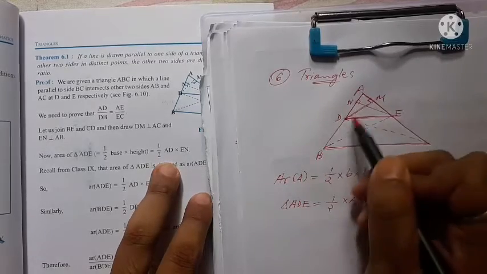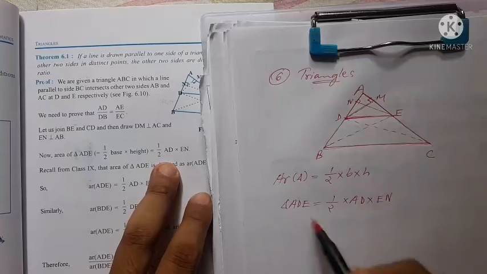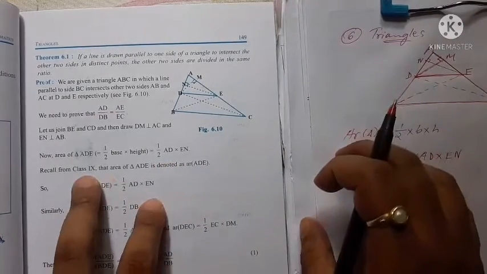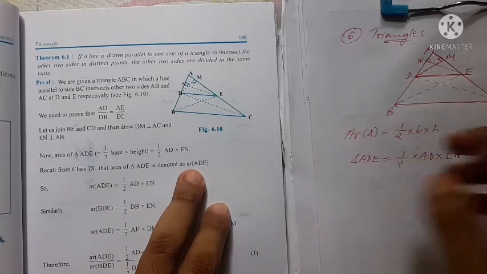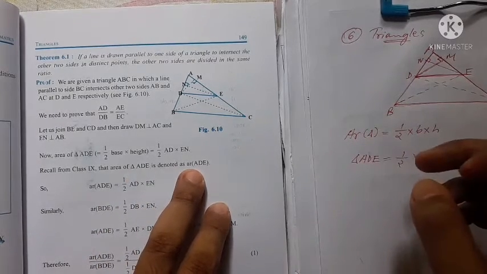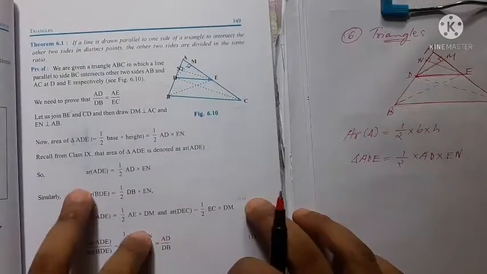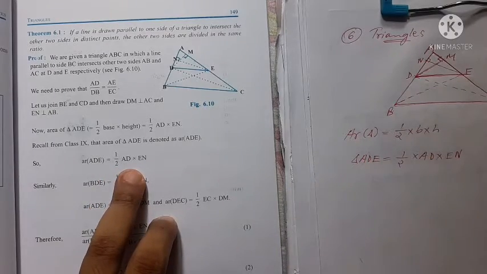Recall from class 9 that the area of ADE is written in short form as ar(ADE). So the area of ADE is equal to half into AD into EN.